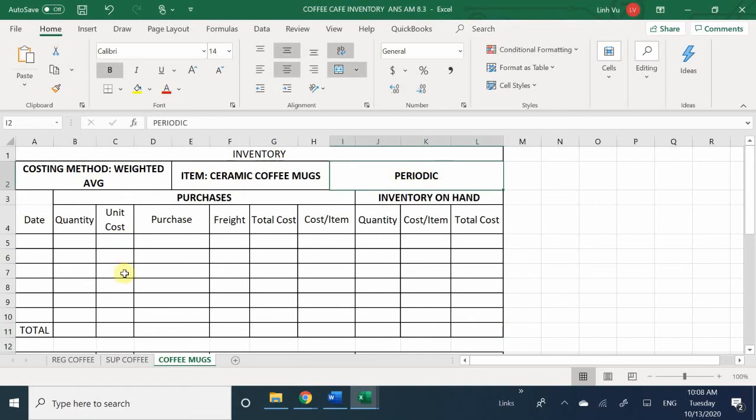Now this is the periodic inventory for weighted average, and it's for the coffee mugs. So here, we're only going to place that we receive the inventory items and that we need to calculate our cost per item in case we do sell it.